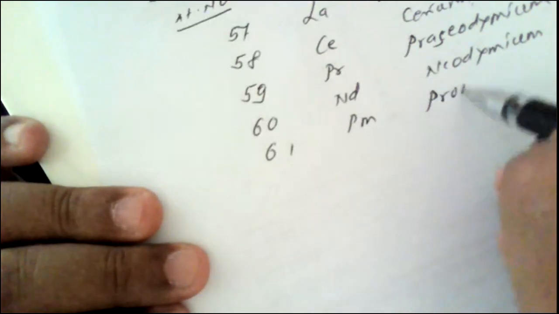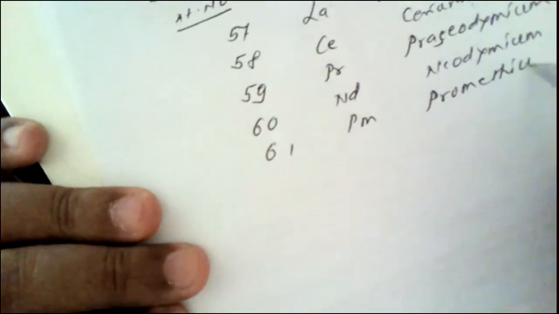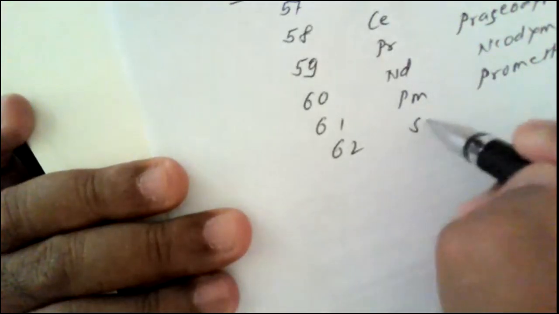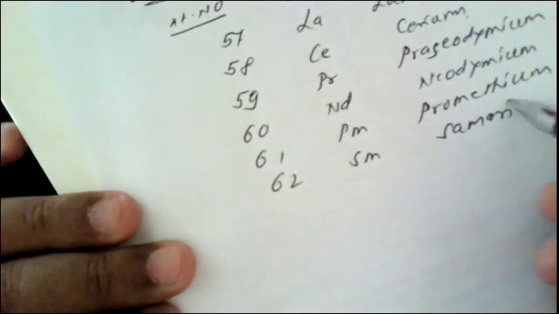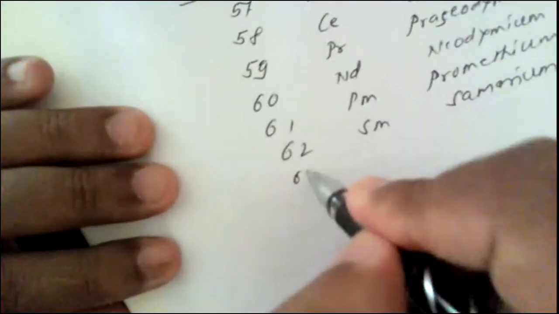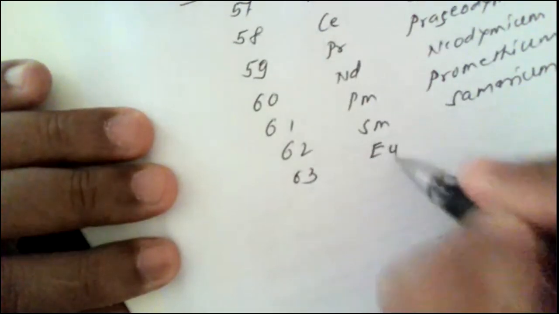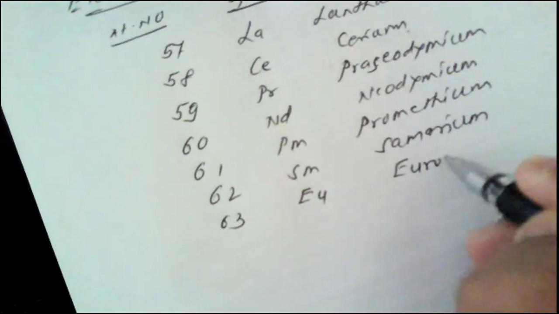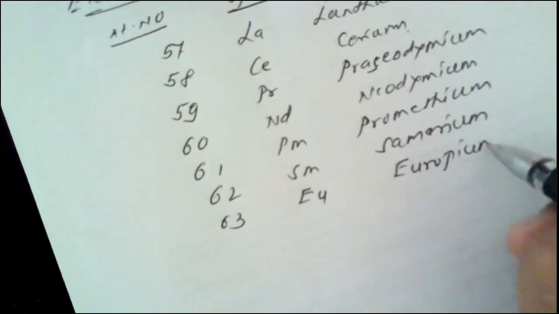Name is promethium. Then 62. It is Sm. Name of the element is samarium. Then 63. It is Eu. Name of the element is europium.